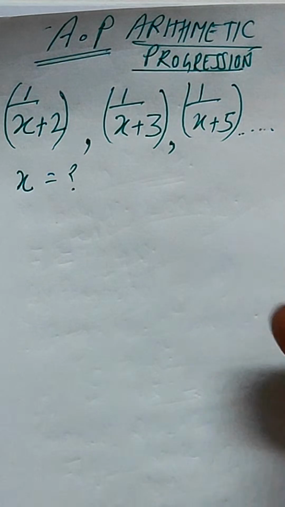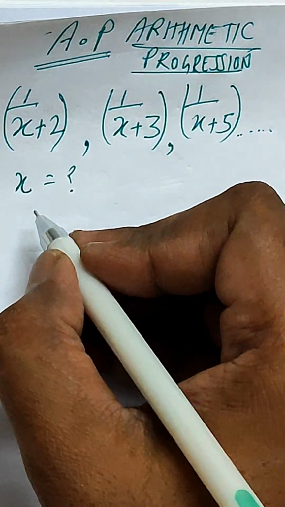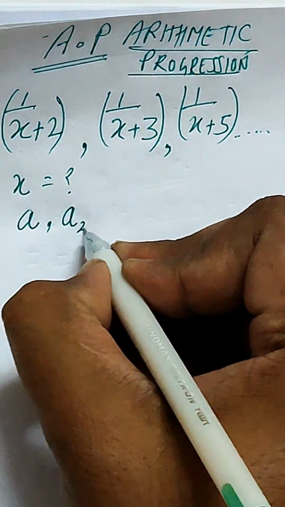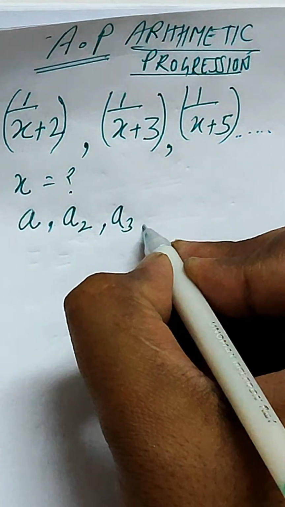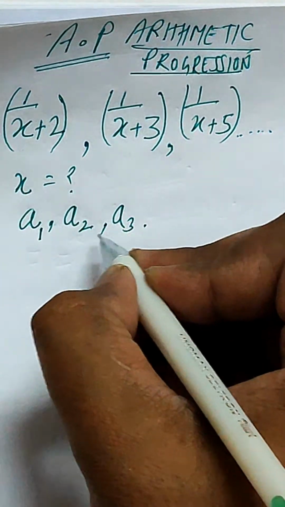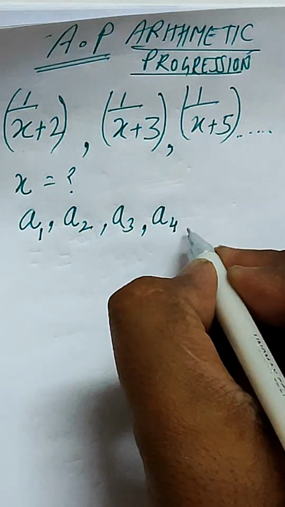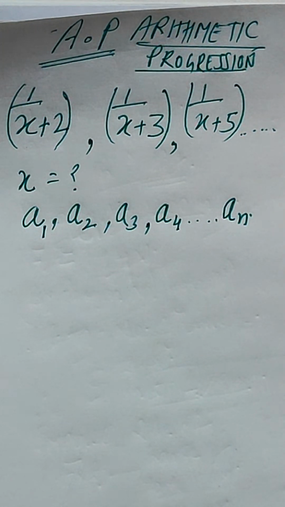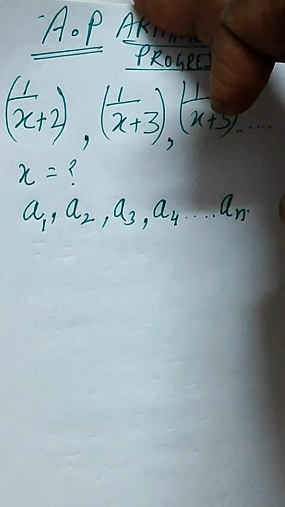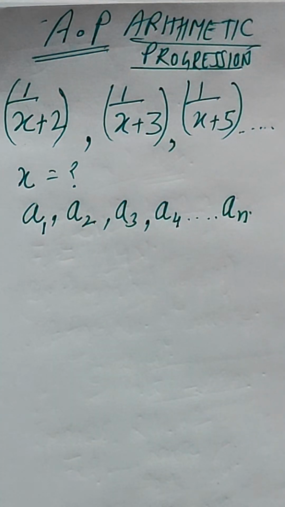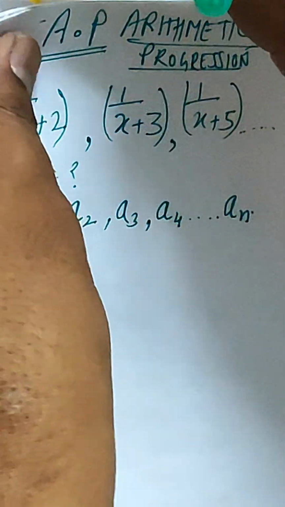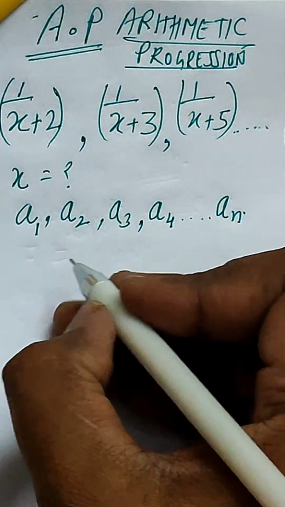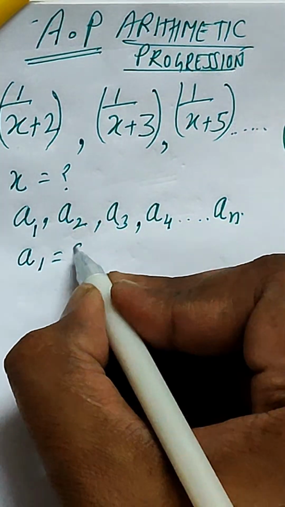So students, just recall the basic formulas of AP. If A1, A2, A3, A4 till AN are the n terms of that AP, then we can write A1 as equal to the first term of that AP.